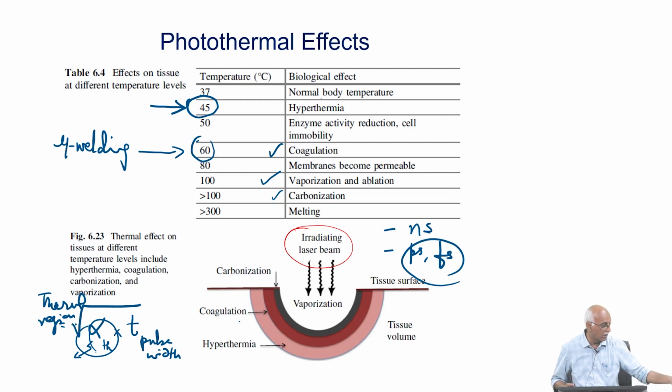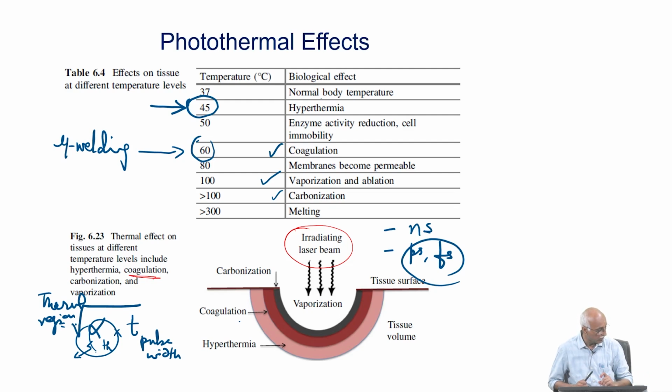This thermal effect results in temperature increase, hyperthermia or coagulation or vaporization, carbonization, and finally melting. These aspects are responsible for material removal. That is why these are photothermal processes, which result in either material removal or sometimes even coagulation or ablation.